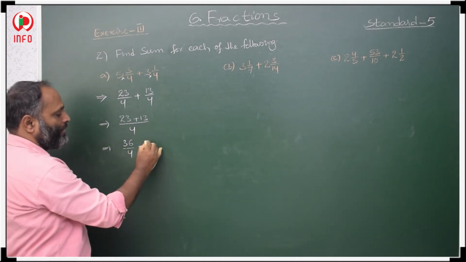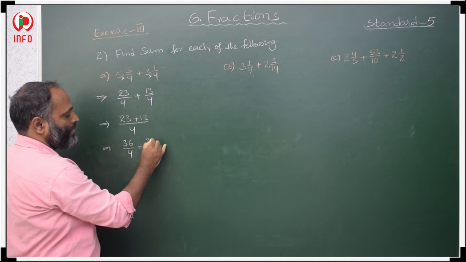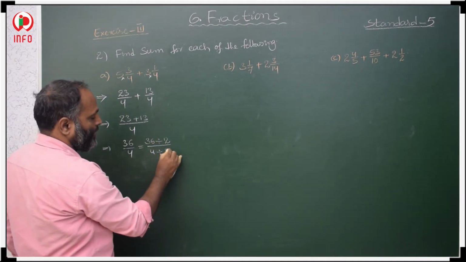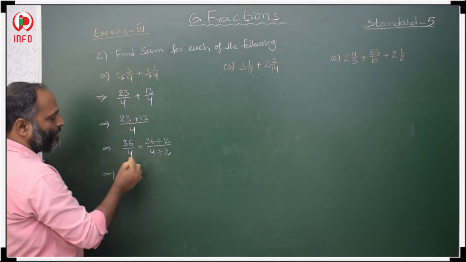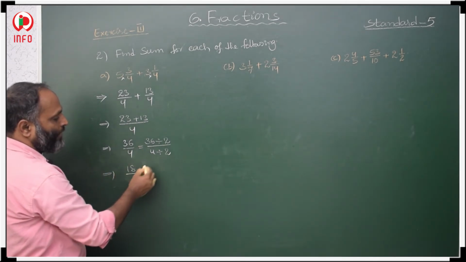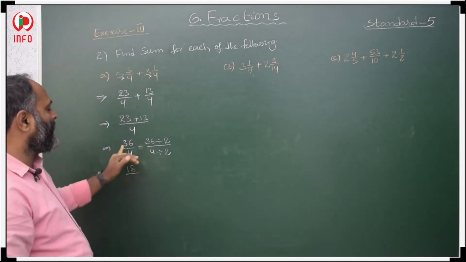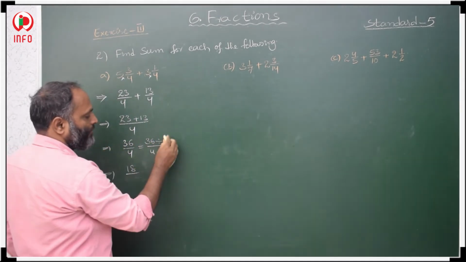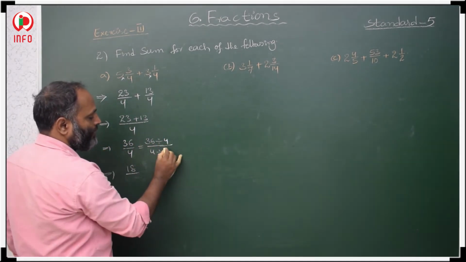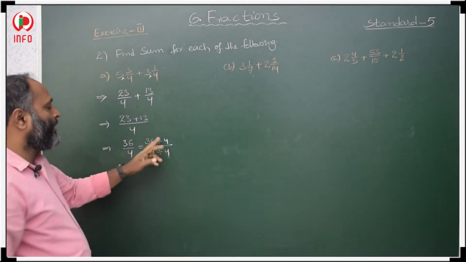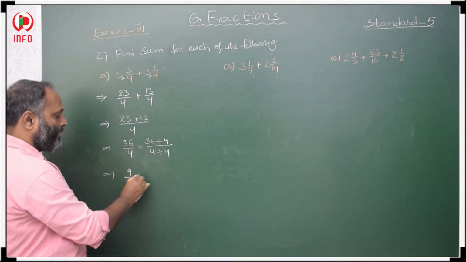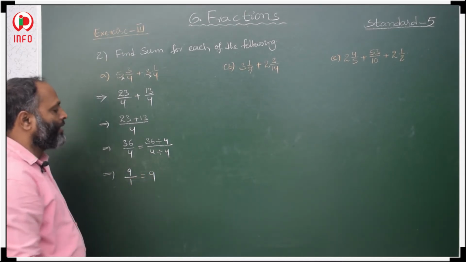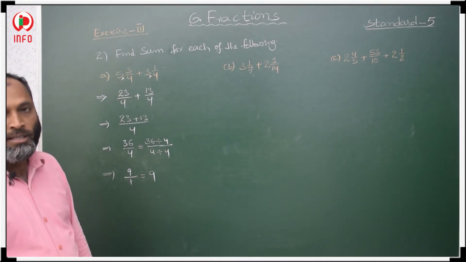These two are divisible by 2. 36 divided by 2 is 18, 4 divided by 2 is 2. But 36 is directly divisible by 4, so no need to take 2, directly take 4. In the 4 table, when you get 36, 9s are. In the 4 table, when we get 4, 1s are. 9 by 1 is 9. Your answer is 9.